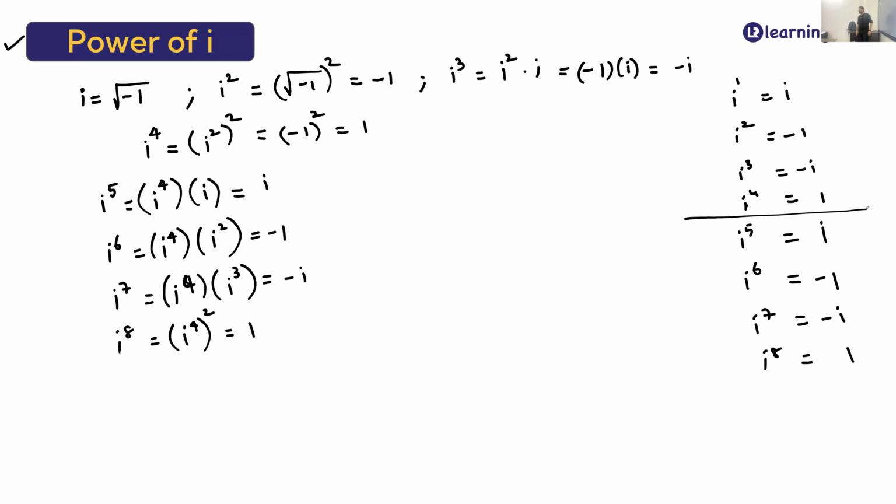Similarly, what will happen if you start with I power 9? I power 9 will again start with I. I power 10 is going to be -1. I power 11 is going to be minus I, and I power 12 is going to be 1. Okay. I hope this pattern is clear. So for every multiple of 4, the pattern is getting repeated.